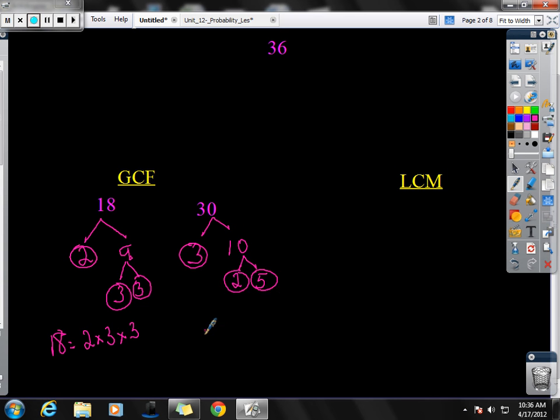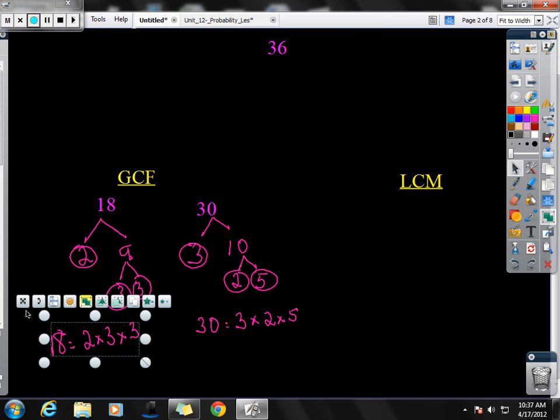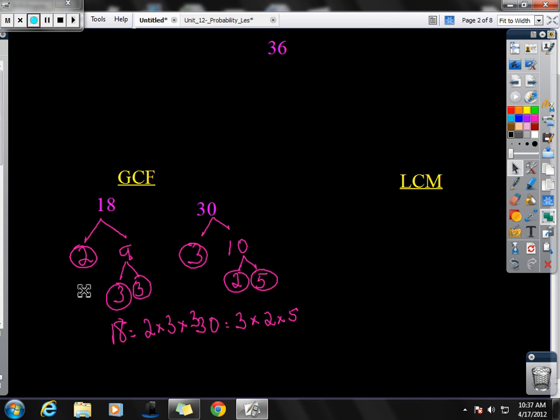So the prime factorization for 30 is 3 times 2 times 5. Now, we can use prime factorization to calculate the greatest common factor, the GCF, in a couple of different ways. What I'll try and do is line these numbers up. Let me put those over here.